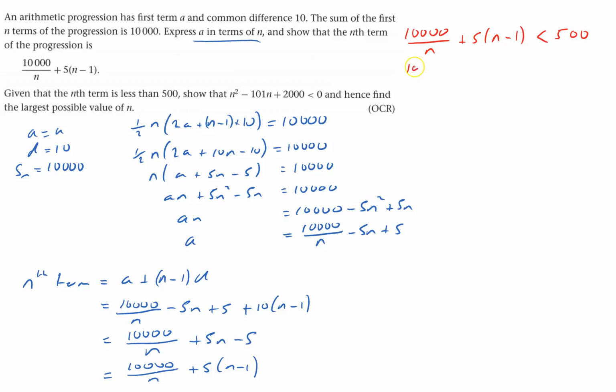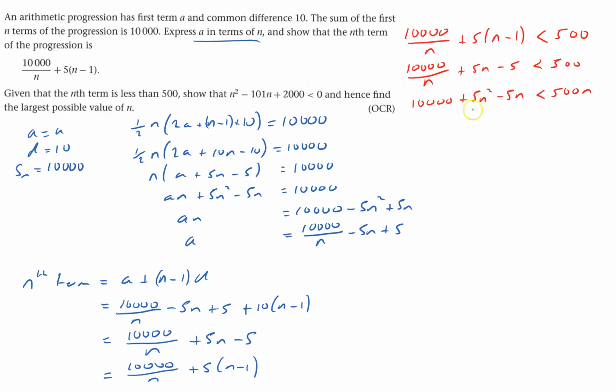First I'll multiply out that bracket: plus 5n minus 5 is less than 500. Times everything through by n, 10,000 plus 5n squared minus 5n is less than 500n.